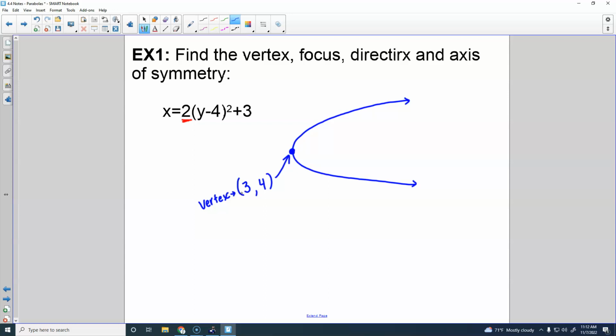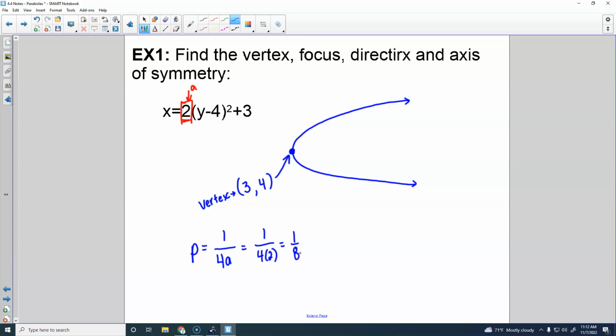Okay, so to find the focus and the directrix, you have to use that formula that was on one of the slides before, p equals 1 over 4a, which for this problem, the a is 2. That's our a. So we're going to have 1 over 4 times 2, which is going to be 1/8.